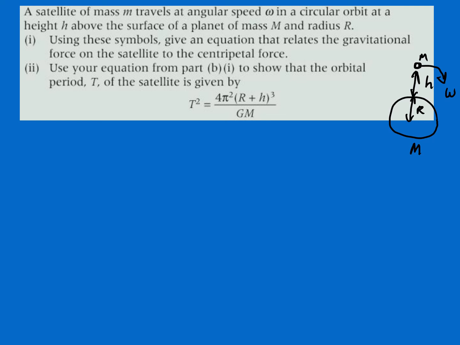You can express circular motion as F equals mv squared over r, but in this question it talks about angular speed, so in this case you're going to express it as m omega squared r.